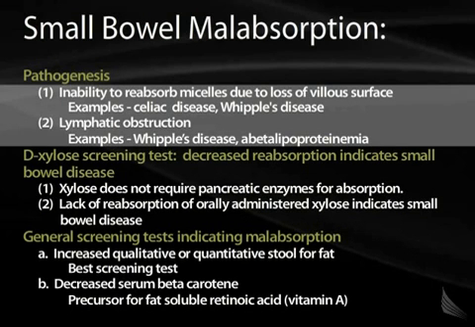In these cases, the villus surface is decreased, and so absorption is impaired. Lymphatic obstruction can also occur, such as, again, in Whipple's disease and in abetalipoproteinemia.